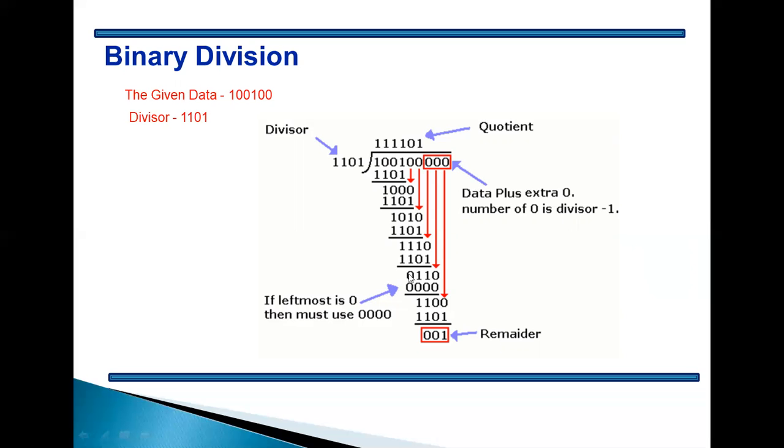You have 1 plus 1 0, 1 plus 0 1, 0 plus 1 1, this 0 comes 0. Okay, if the leftmost is 0, then you must use 0 0. You have to add 0 0, and putting 0 in this number, you have to calculate 1 plus 0 1, 1 plus 0 1, 0 0 0. Again you have to multiply it by 1, 1 1 0 1, 1 1 0 0 1. Remainder is 0 0 1.